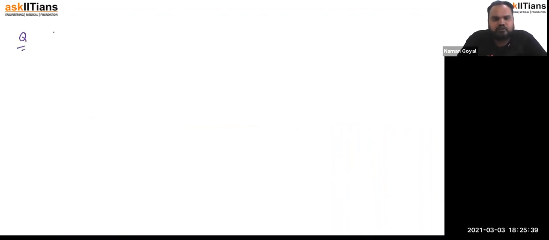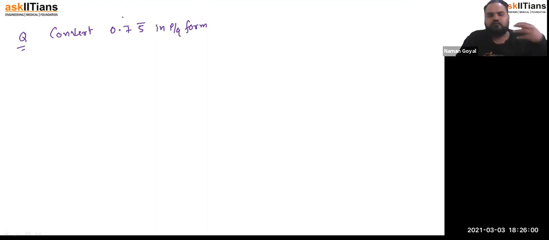Question is asking for what, convert 0.75 bar in P by Q form. सी अब देखो यहाँ पे क्या है ना, यहाँ पे बार पॉइंट के बाद सिर्फ 5 पे है, तो हमें क्या करना होता है, we have to take that digit only which contains bar, है ना। पॉइंट के बाद हमें वही डिजिट लेना होता है जिसपे वो पॉइंट बार है। So here 7 पे बार नहीं है, so we have to take that 7 to right side. So first we take x as 0.75 bar. Now इसको राइट में, पॉइंट के राइट में लाने के लिए what we do, we just multiply the quantity by 10, so it becomes 10x is equals to 7.5 bar.